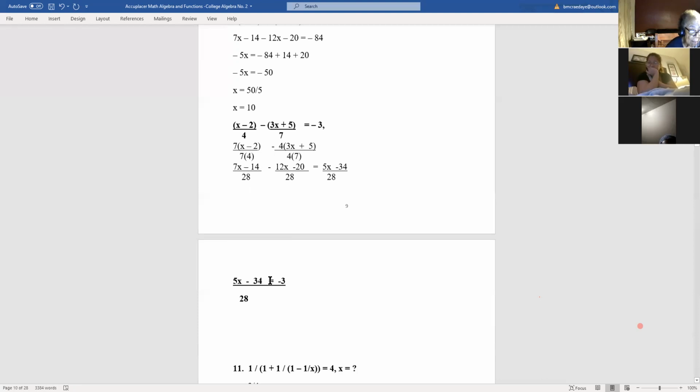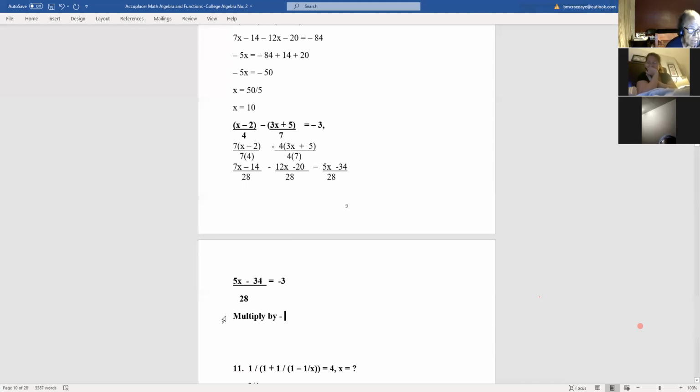Then what do we do? Multiply both sides by the negative 3, right? And negative 3 times the 28 gives the negative 84. Well, this is actually cross multiplying.